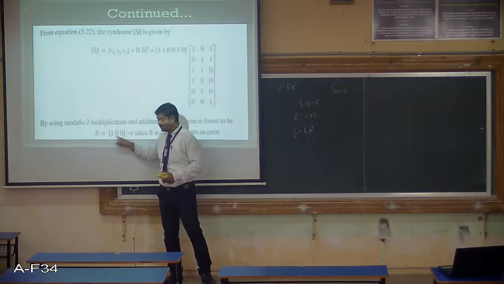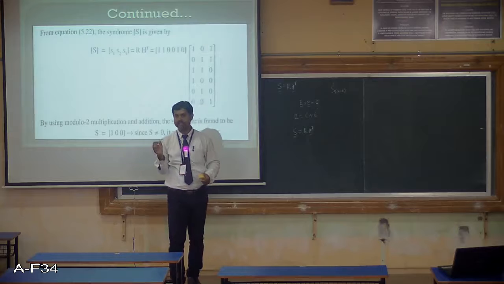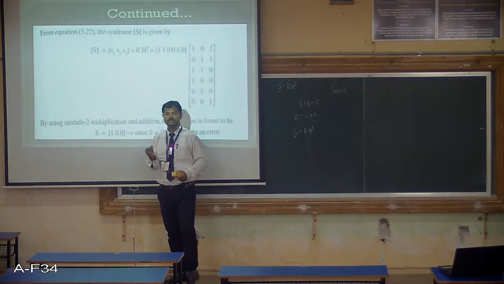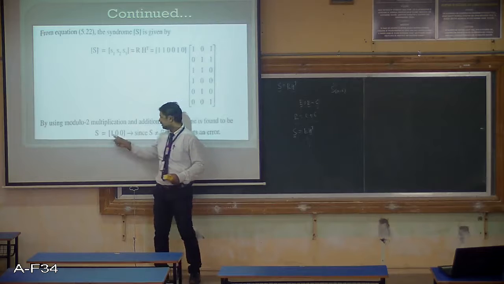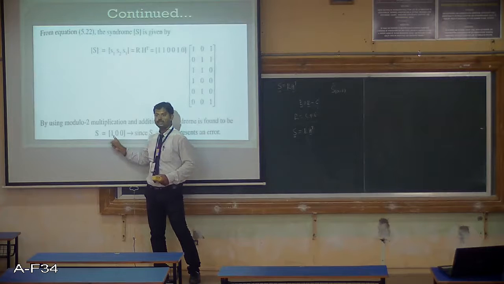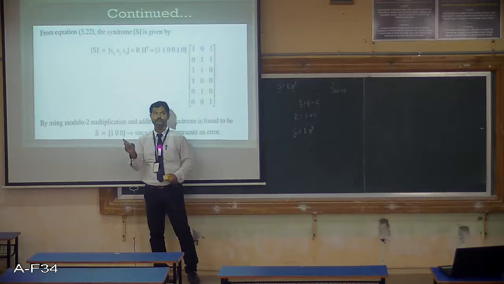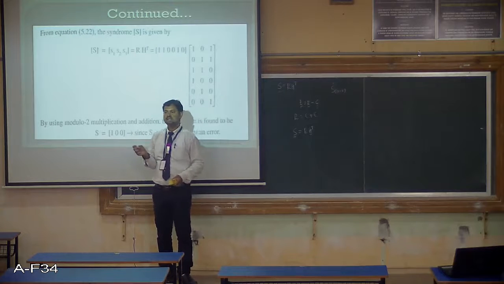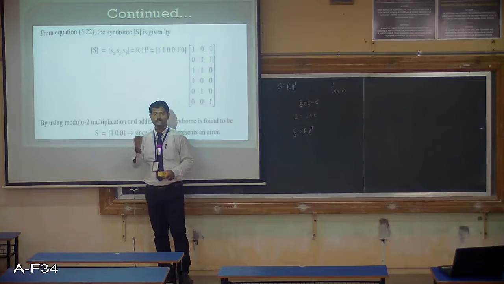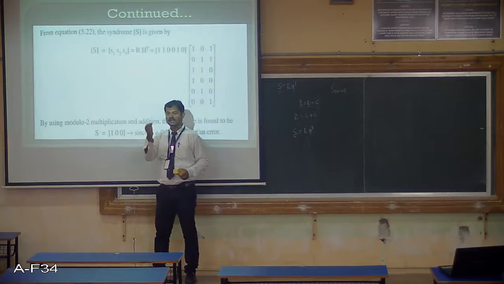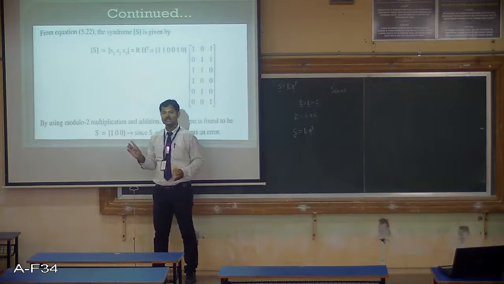So the syndrome is 1 0 0, which indicates it is a non-zero value. One of the elements is non-zero, so the syndrome S is not equal to 0. S not equal to 0 represents an error. It tells that there is an error in the received sequence.